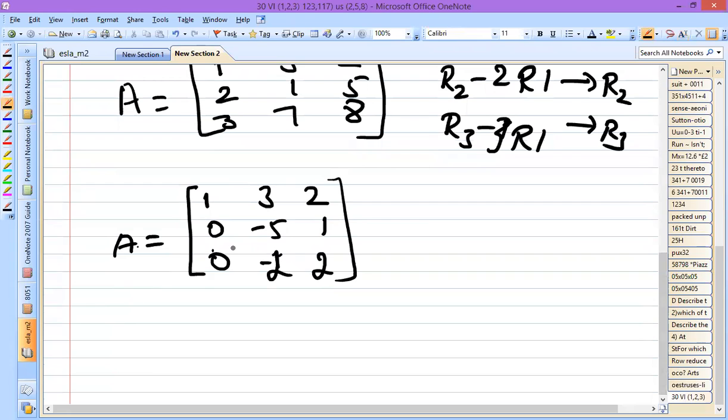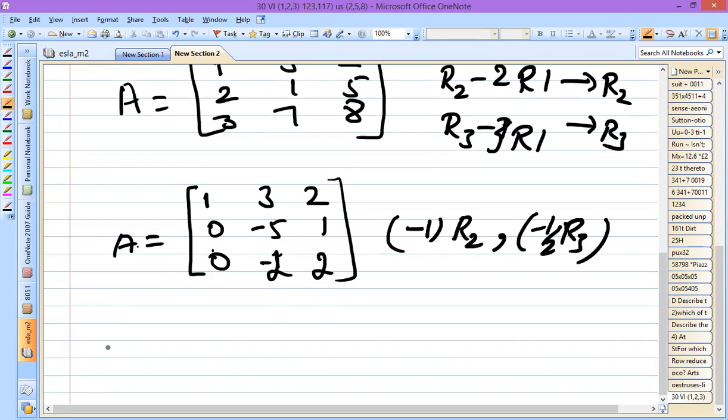I'll apply minus 1 multiplied with R2, and also minus 1 by 2 R3. When you do that, we'll be getting A as 1, 3, 2 and 0, 5, minus 1, and here I'll not be getting any zeros.